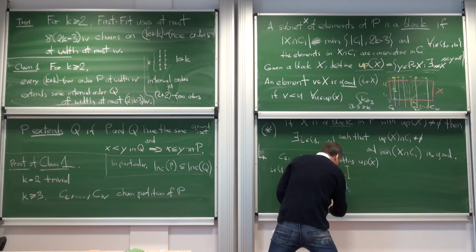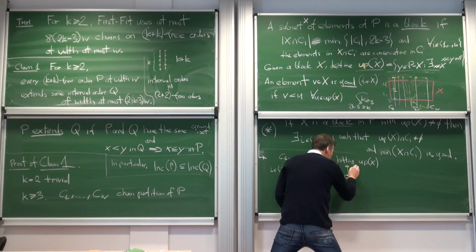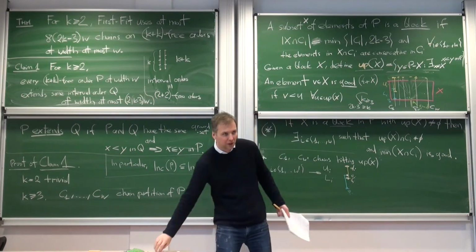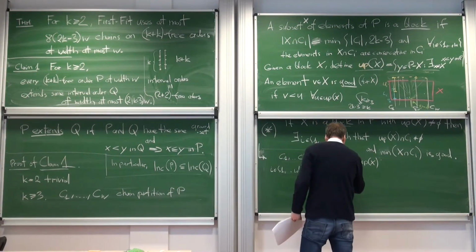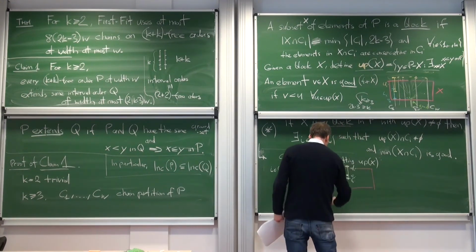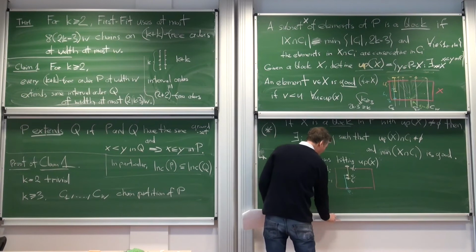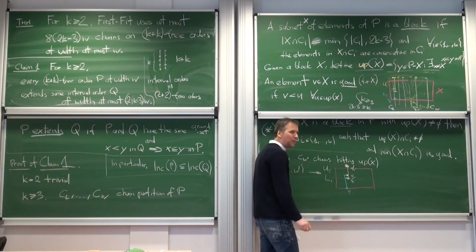That guy is Ai. Here we have 2 guys, and we want to call them Bi and Ci, and the top guy here is Di. I remind you that the top guy is already outside the block. So the block is something like this, and this guy is the only guy outside.